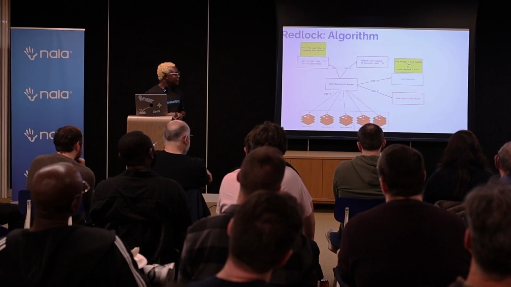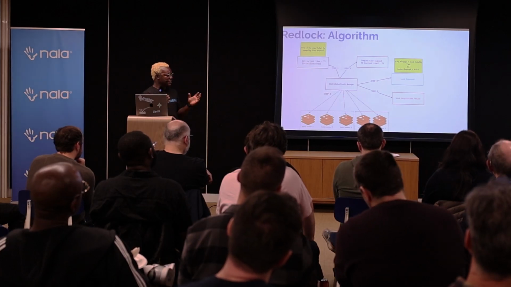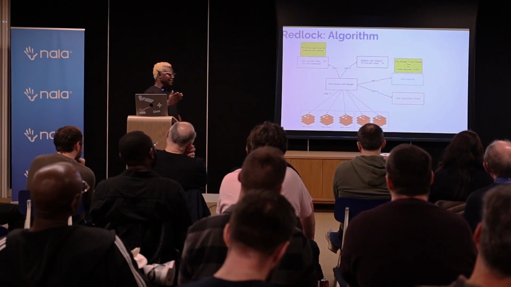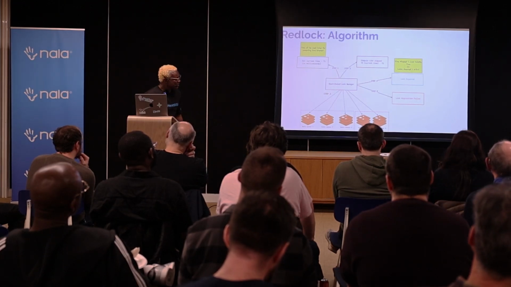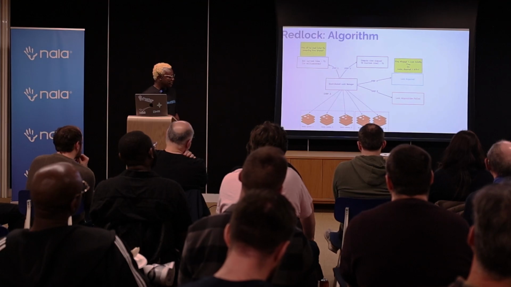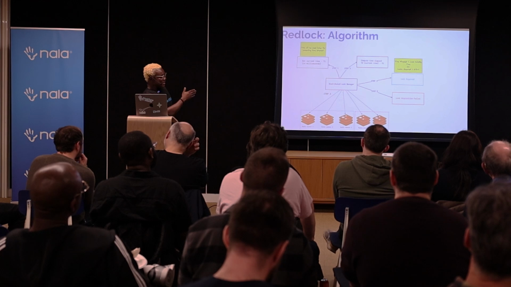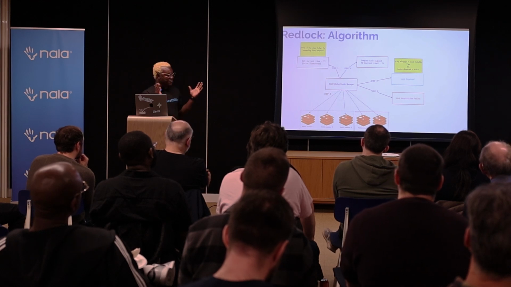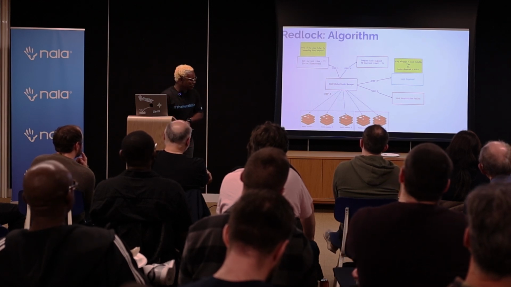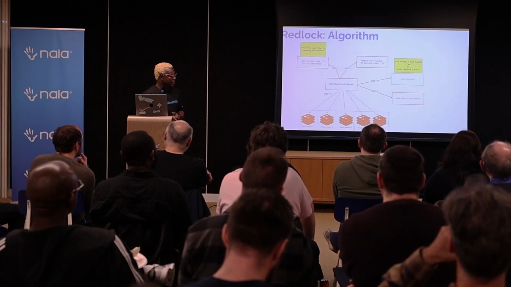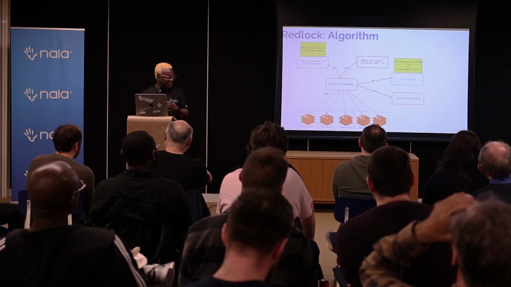You can't have a replica-based setup, as that would simply break the algorithm, where you write to the master and the data gets replicated over to the replicas. So in this case, we assume we have 5 Redis masters. We can probably have 3 as well, because Redlock works with a majority-based selection process, where if we're able to win the lock on a majority of the nodes, we consider it acquired.